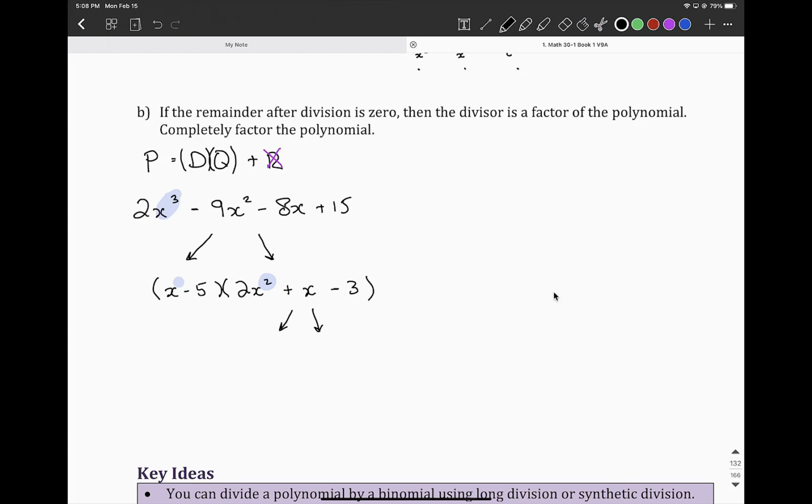And because it's now only the degree 2 piece that I'm factoring, we've got all sorts of strategies: sum product, decomposition, guess and check, and I mean, I could even use synthetic division again. But any good logical factoring strategy should complete this question.